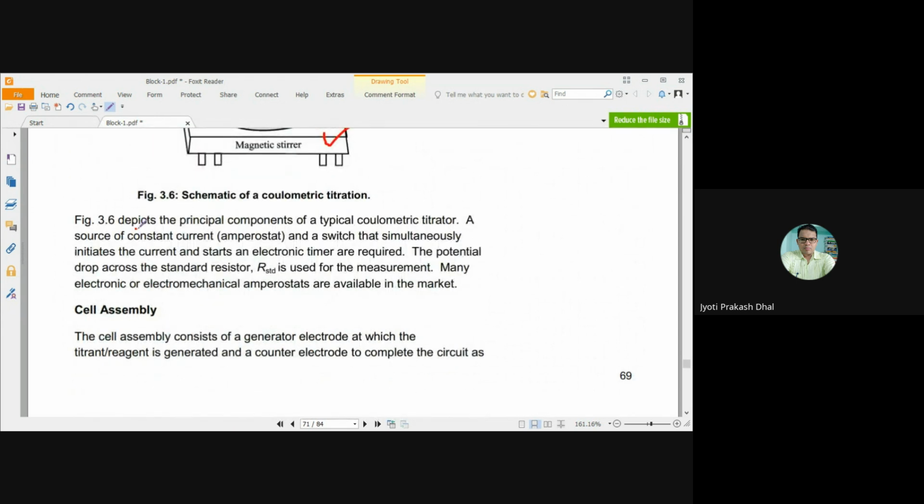The figure depicts the principal components of a typical coulometric titrator: a source of constant current, that is amperostatic, and a switch that simultaneously initiates the current and starts an electronic timer are required. The potential drop across the standard resistor, that is R standard, is used for the measurement. Many electronic and electrochemical amperometers are available in the market.